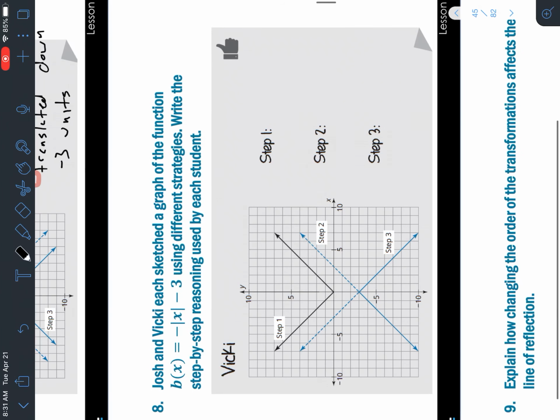Now Vicky did the same thing for the basic function. So she graphed the basic function, b equals absolute value of x. She graphed that part. Step 2, she did a little different.